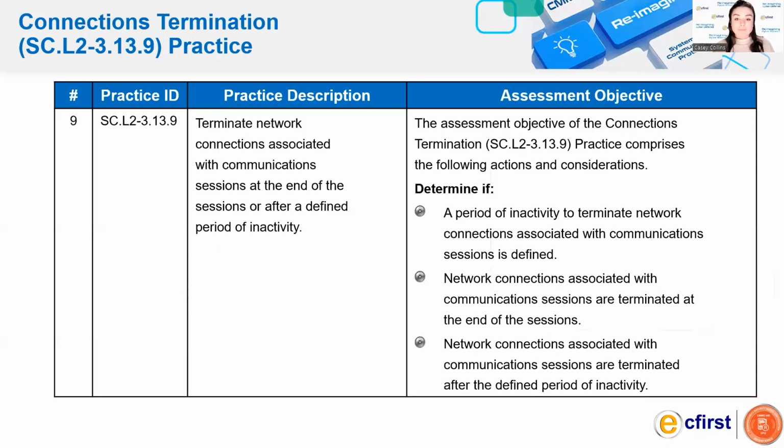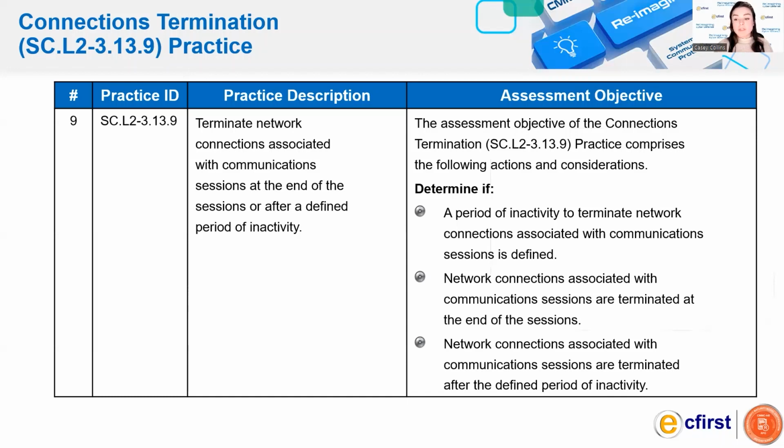Connections termination. Terminate network connections associated with communication sessions at the end of the sessions or after a defined period of inactivity. So the assessor determines if a period of inactivity to terminate network connections associated with communication sessions is defined. So we know what that period of inactivity is, first off.